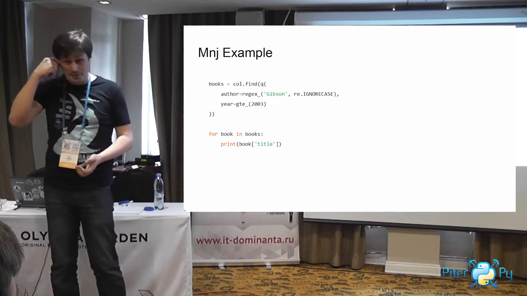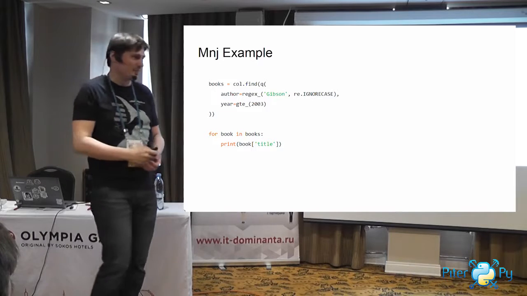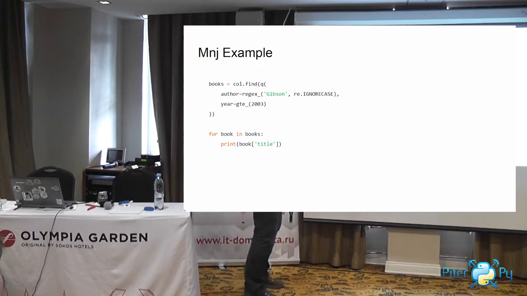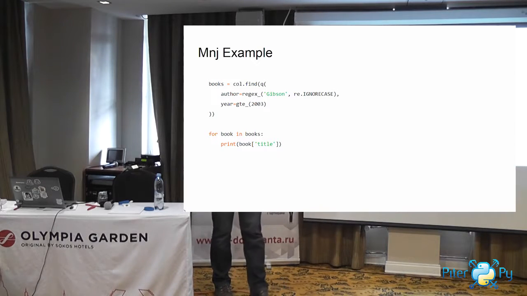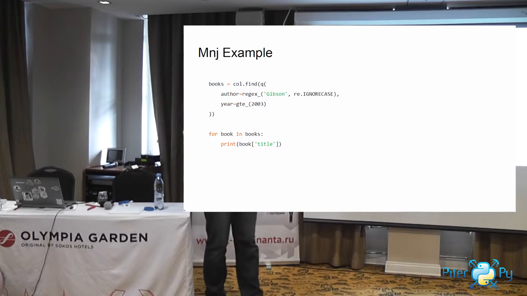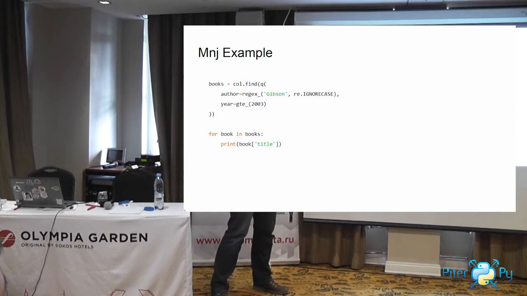Finally, let's look at the MongoQ example. You see it looks very similar to PyMongo, but instead of using dicts, we use a special Q object here.